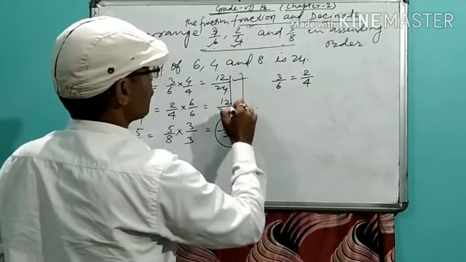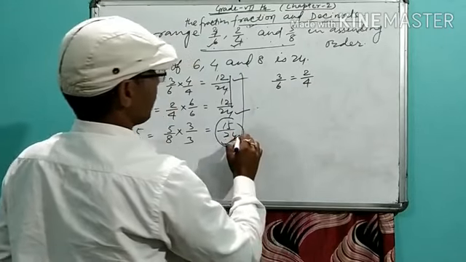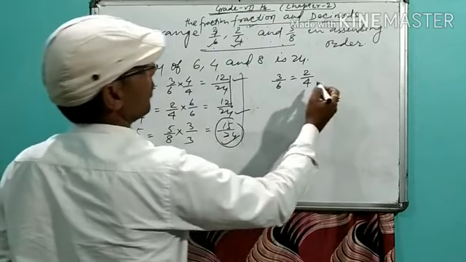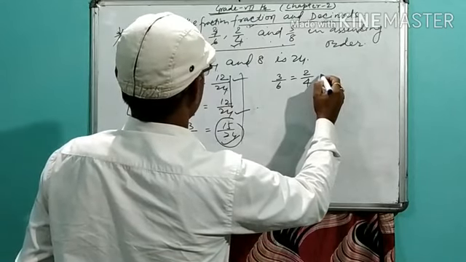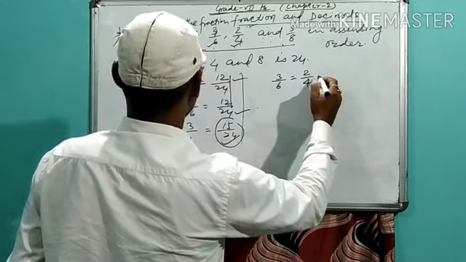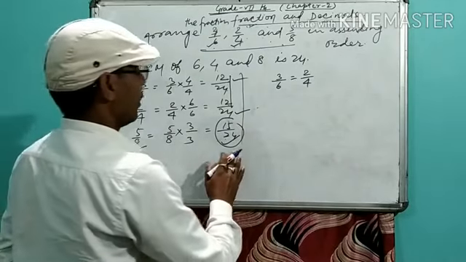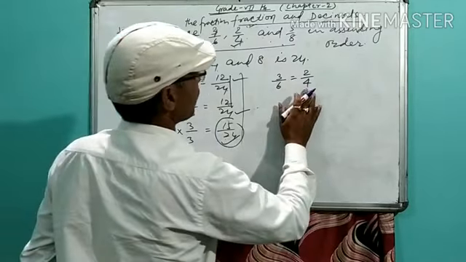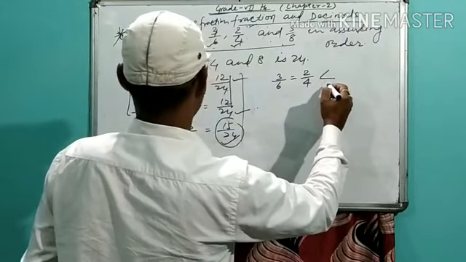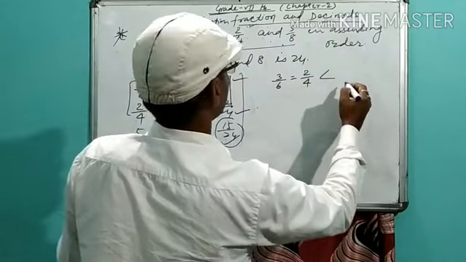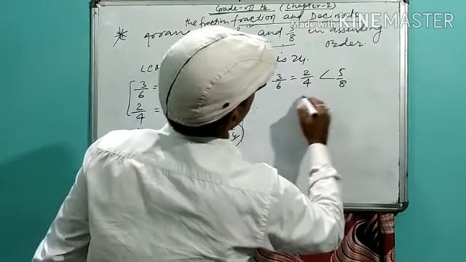Therefore, these two are equal, but this fraction is not equal. So absolutely you cannot write it into ascending order. Yes, the two are equal, but in this way you can write. Here is a 5 by 8.